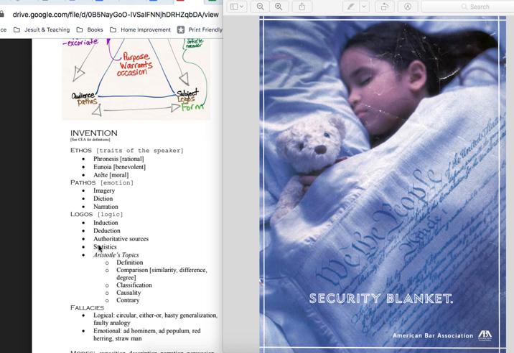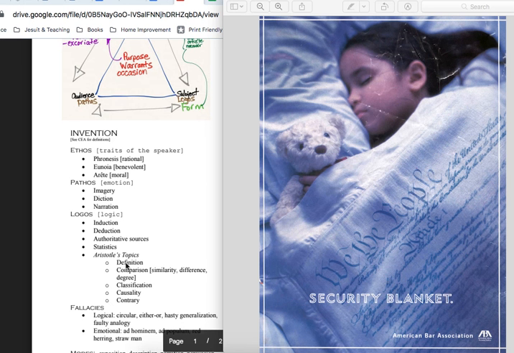Then we have other things, authoritative sources. The American Bar Association has authority. It's the organization that governs lawyers and attorneys. We don't have any stats here. Do we have definition, comparison, classification, causality, contrary? What this ad is doing is defining what a security blanket is, and that is the Constitution.